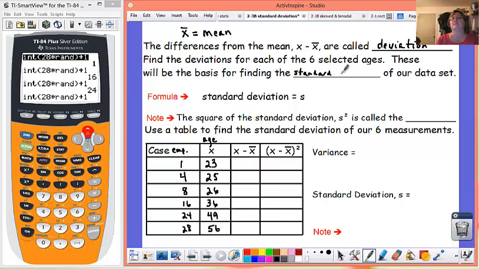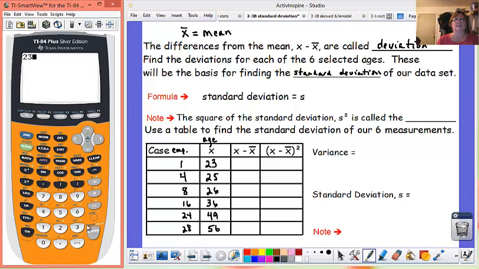Okay, before we do that, we've got to find the average. And that means we've got to add up our ages and then divide by 6 because we had 6 work groups. 23 plus 25 plus 26 plus 36 plus 49 plus 56, all divided by 6 because we had 6 teachers represented.